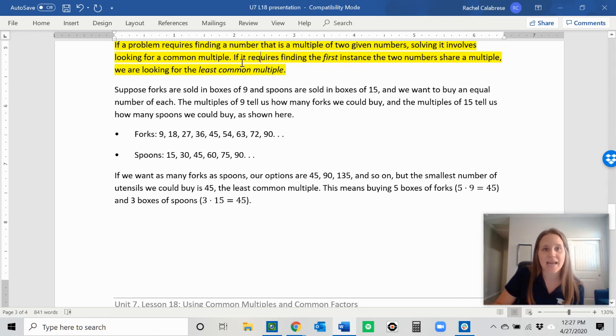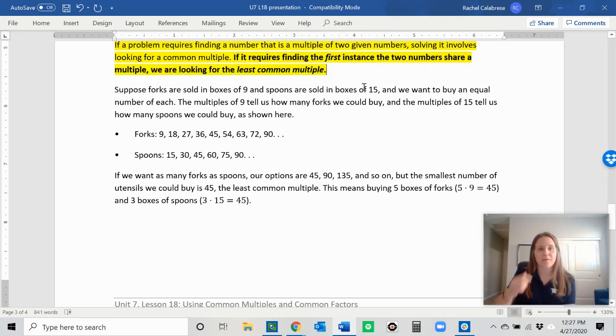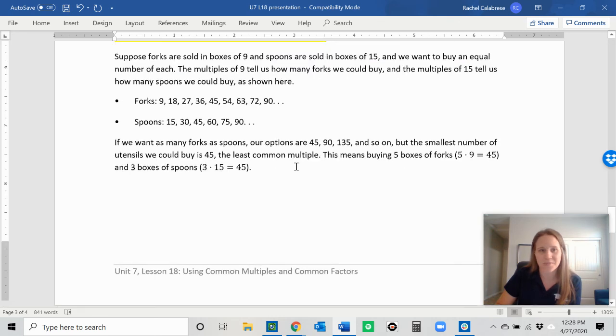I just want to highlight again, if a problem requires finding the first instance the two numbers share a multiple, we're looking for a least common multiple. We did that lots of times today when we talked about cups and plates, when we talked about stickers on lockers, when we talked about the two friends sharing days that they have a soccer game. Okay, there's another example here about forks and spoons.